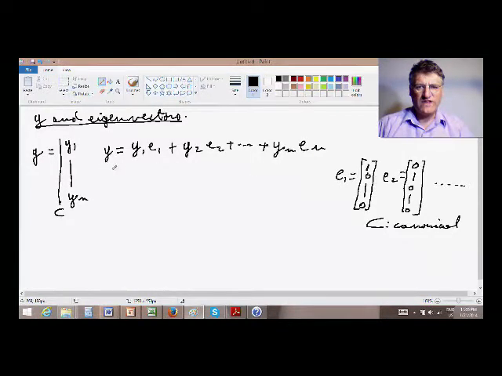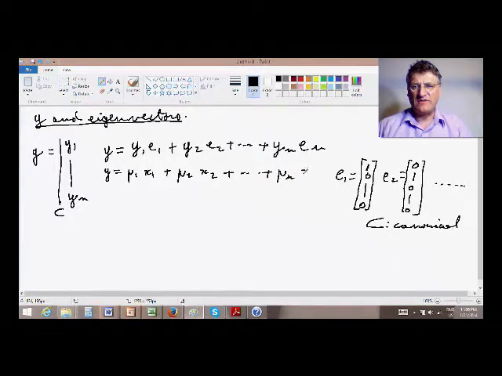Now, with the eigenvectors x1 through xn, I can also write that y is equal to a certain mu1 times x1 plus a certain mu2 times x2 plus etc. plus a certain mu n times xn.